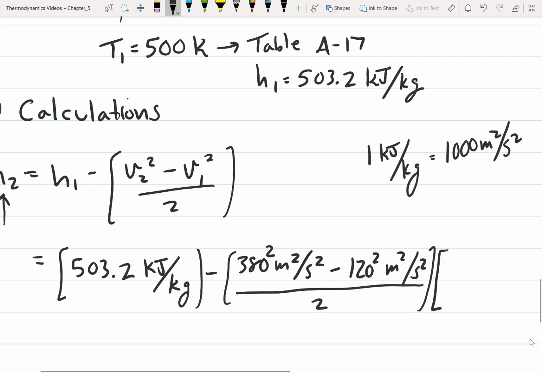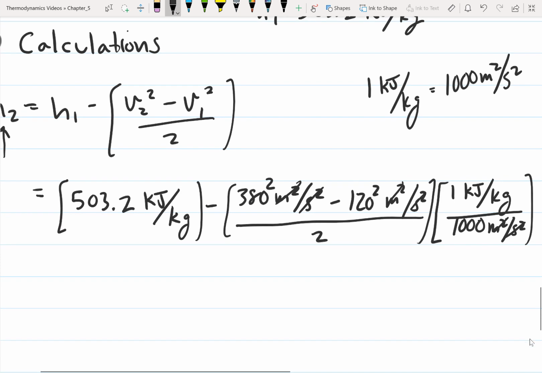So we're just going to put this conversion in: 1 kilojoule per kilogram over 1,000 meters squared per second squared. Now all of these units should cancel out, and we should be left with kilojoules per kilogram, which is what we want.